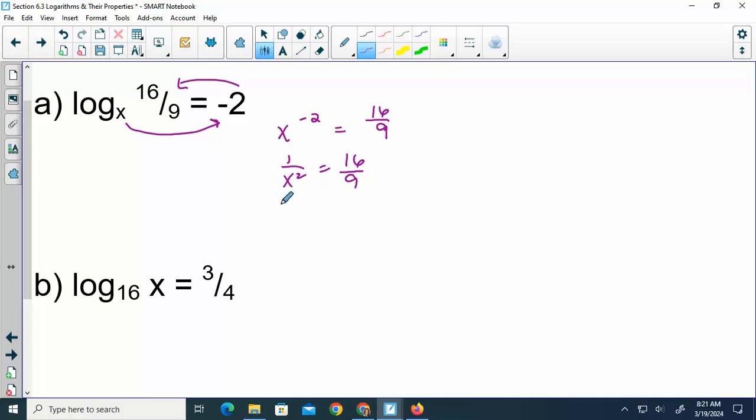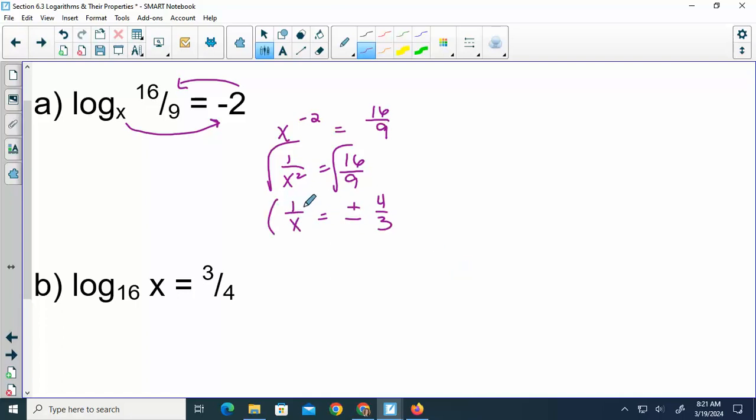So we could do that. If you square root, you have to do plus and minus with it. So you would have 1 over x equals plus or minus 4/3. Then what do you do? There's different options.